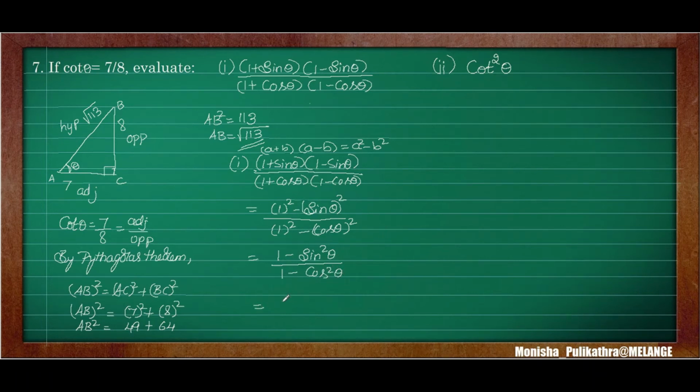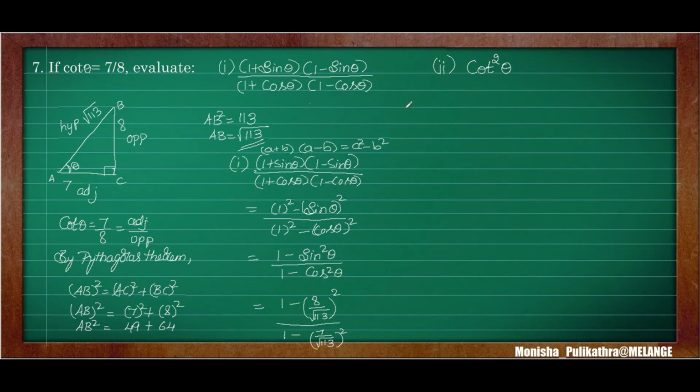We know that sine theta is equal to opposite by hypotenuse. Here opposite side is 8 and hypotenuse is root 113, so 8 by root 113, and a square is there, so we write the whole square. In the same way, cos is adjacent by hypotenuse, so 7 by root 113 whole square.